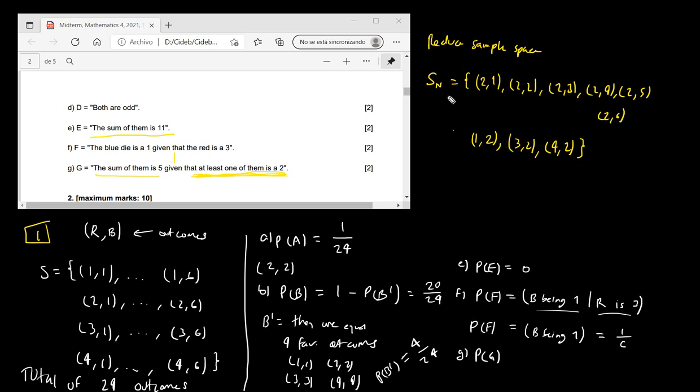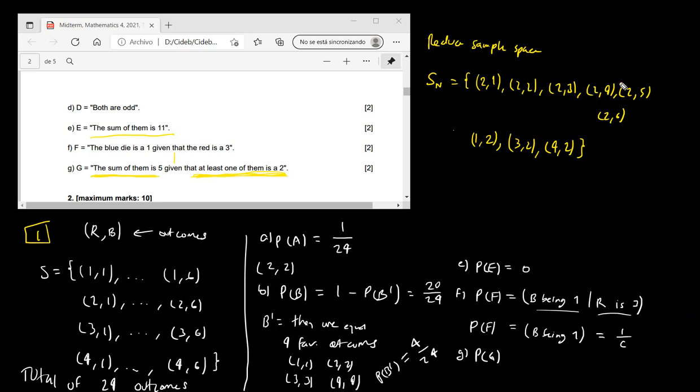This is my whole new sample space, which consists of 1, 2, 3, 4, 5, 6, 7, 8, 9 possible outcomes. And that's it. You no longer care about the old sample space, but this one. Just count how many of these outcomes satisfy the first event, that the sum of them is 5.